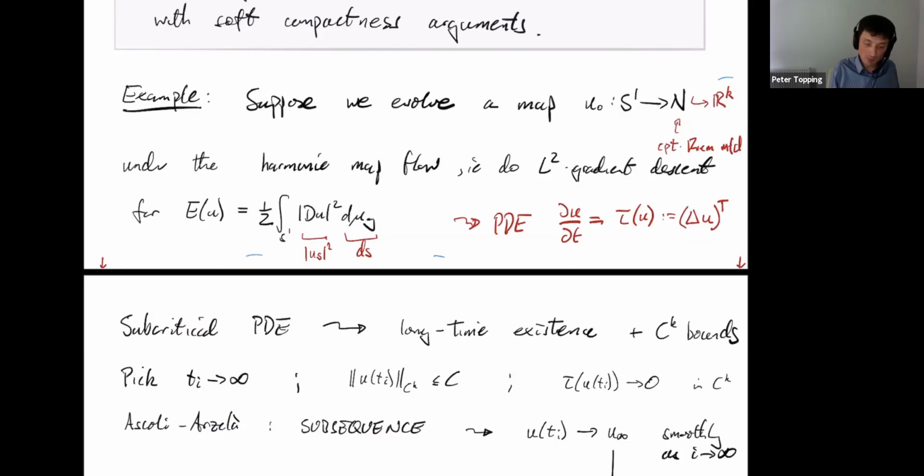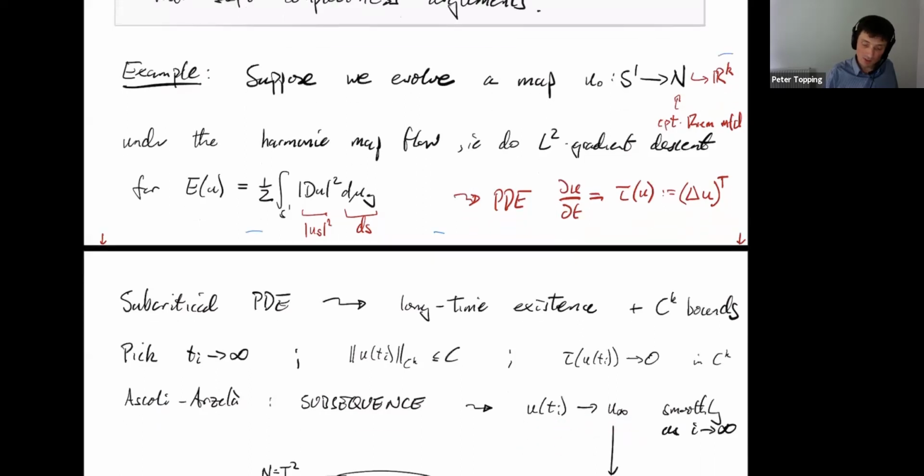Because of the nice estimates you get, you have a uniform bound for, let's say, the C^k norm, any k, and the tension is going to go to 0. So the most straightforward form of compactness will tell you that you can pass to a subsequence and get convergence to a limit. Okay, so that convergence in this situation will be smooth.